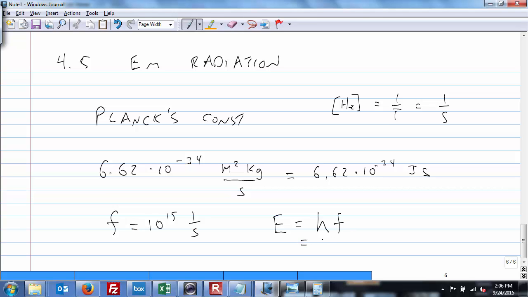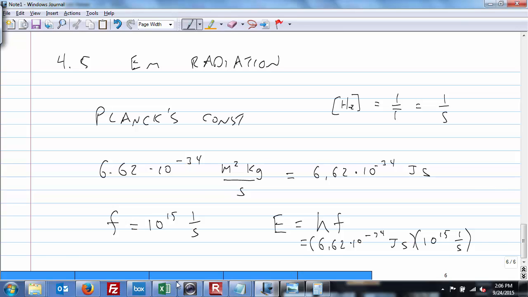In this case, we're just taking 6.62 times 10 to the minus 34 joule seconds times 10 to the 15th hertz, or 1 over seconds. So right away you can see, okay, joules are going to come out. That's what we wanted in the first place.